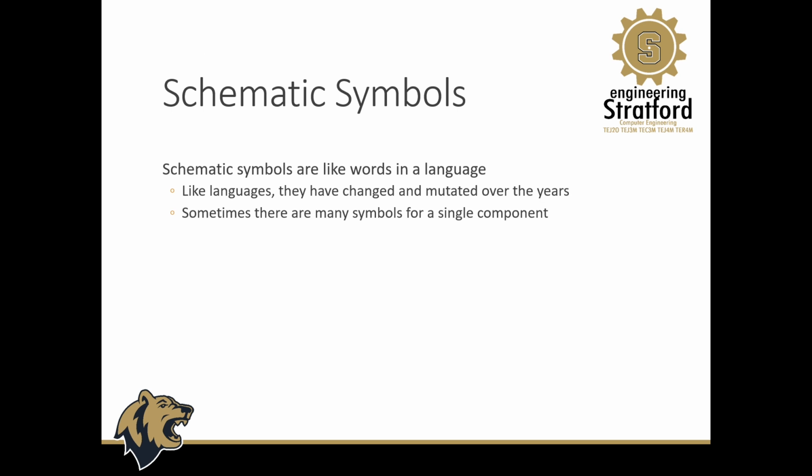And so that's what a schematic is. Schematics are made up of schematic symbols, and schematic symbols are like the words in a language that represent something. Some schematic symbols have multiple versions. We'll deal with one in particular in this class, but they should be pretty much universally recognized anyway.